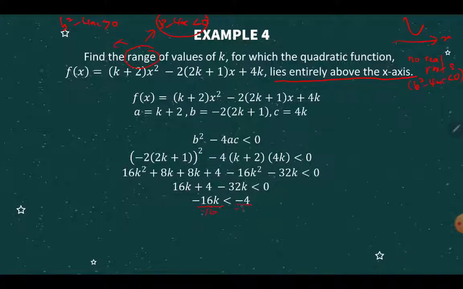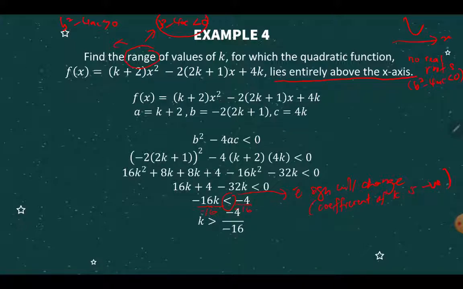When we divide by negative numbers, the sign will change, since the coefficient of k is negative. So we will have k greater than. See, from less than it became greater than.